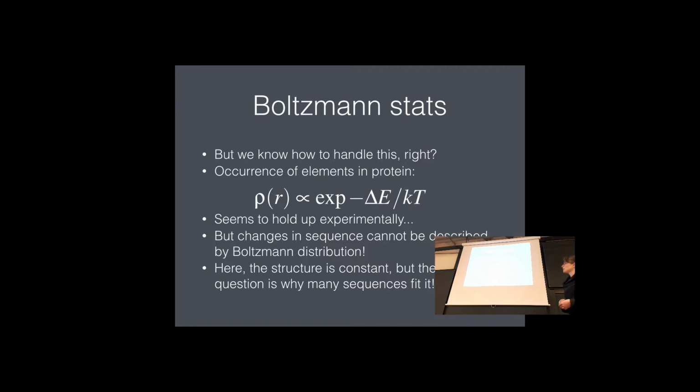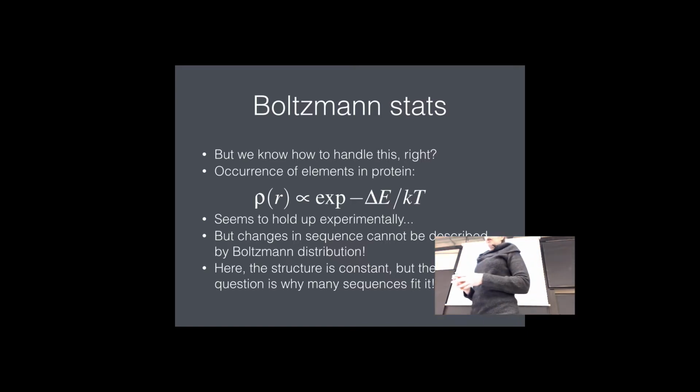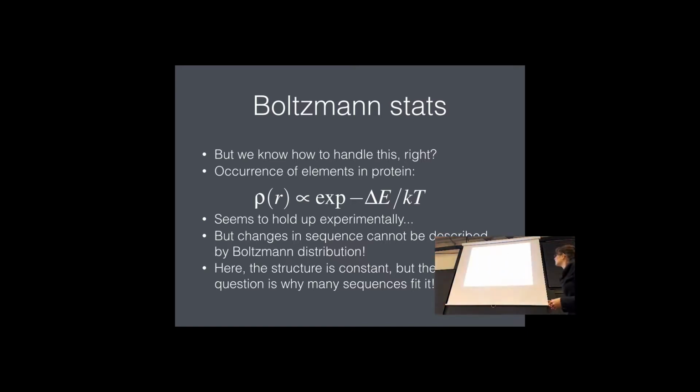So we know how to talk about energy, I think, and that is related to the Boltzmann statistics. I think you derived this formula. Basically what we said is that the occurrence of elements in proteins, this probability density, is proportional to the exponential of minus delta E over kT, where delta E is the difference in energy, and kT sets the scale for energy in physics, k being the Boltzmann constant and T the temperature, right?